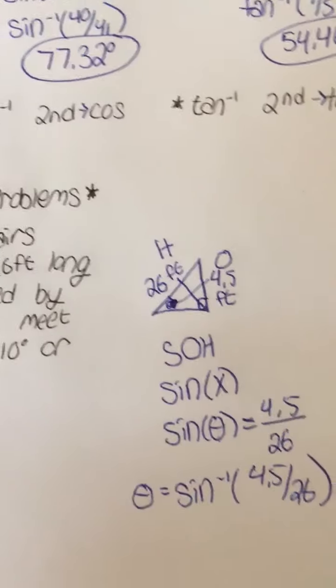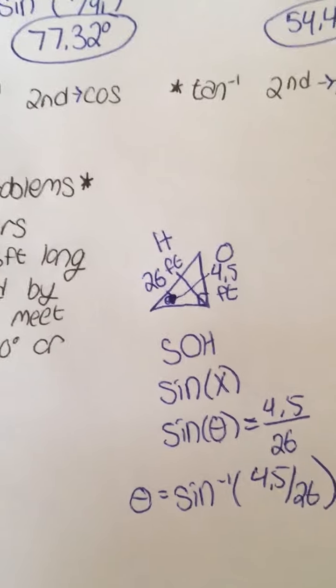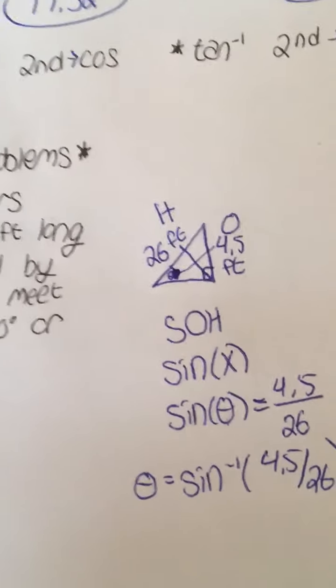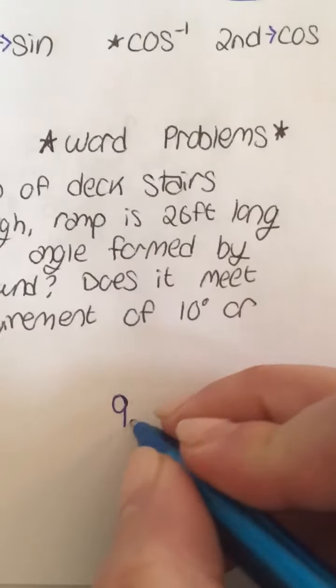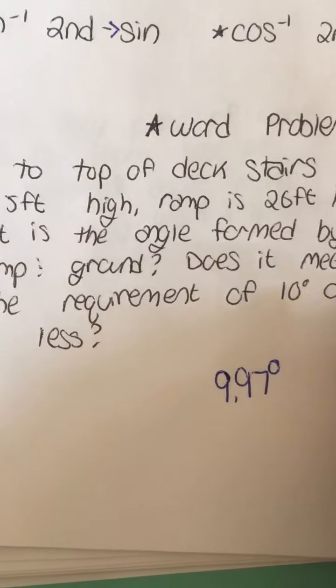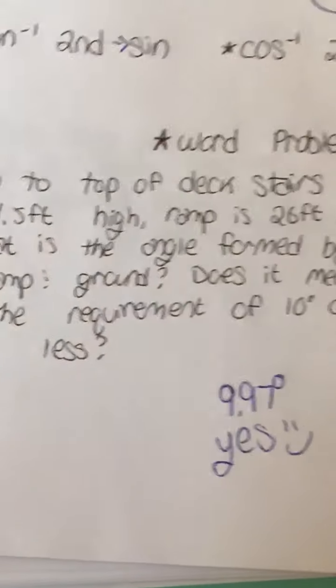And let's see, I'm just doing it on the calculator. Should be 9.97 degrees. And does it meet the requirement of 10 degrees or less? Very close, but yes, it does.